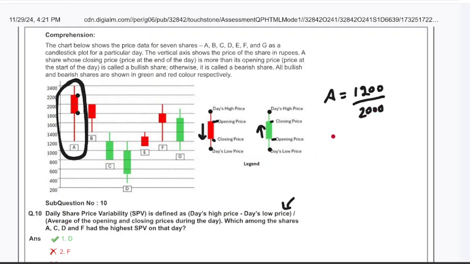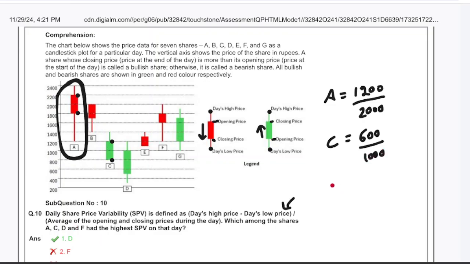For the next, C, the difference is going to be 1400 minus 800. The difference is 600. Divide by the average of opening and closing, that is 1200 plus 800, 2000 by 2, that is 1000.